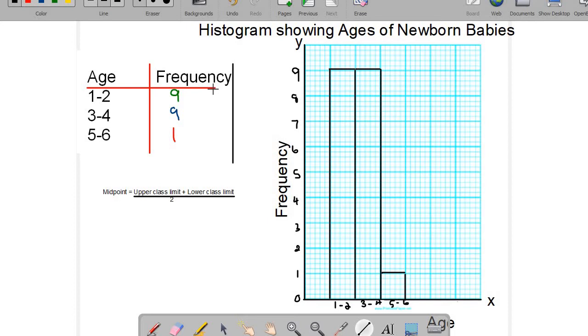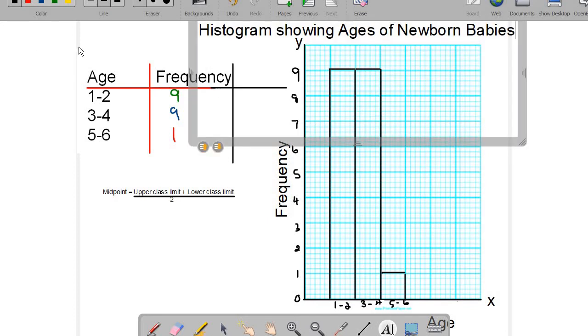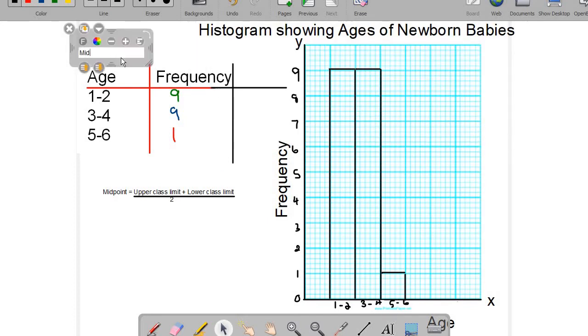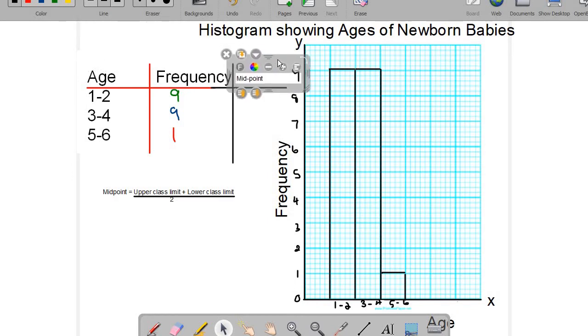So you can just add an extra column and put your midpoint. We're going to be using this formula for each interval or each class.